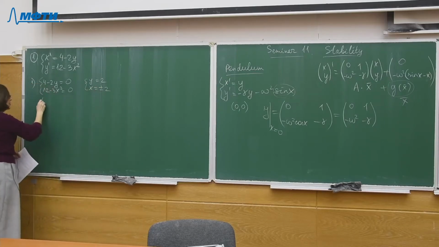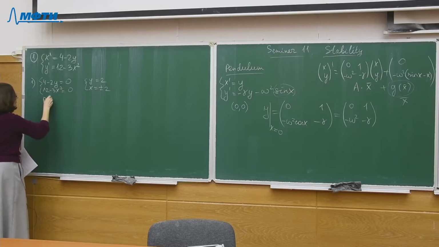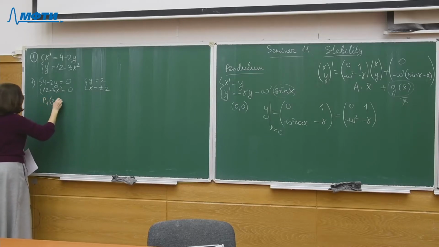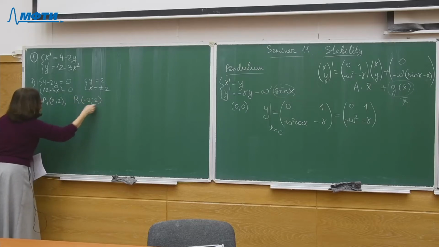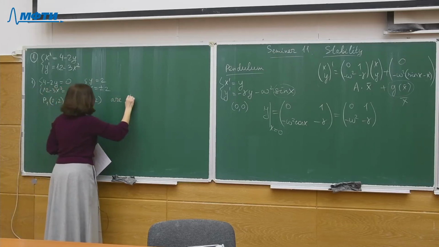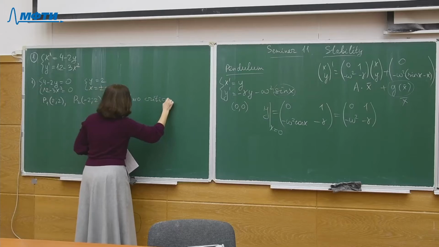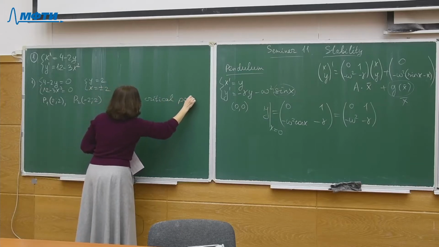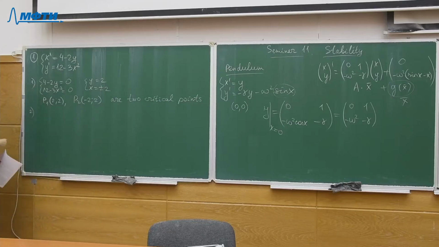So we have 2 points, P1, which will be (2, 2), and P2, which is (-2, 2). These are the 2 critical points. So this is step number 1.